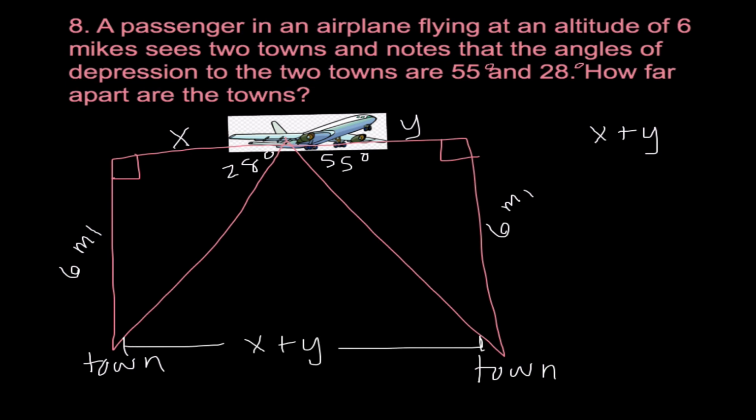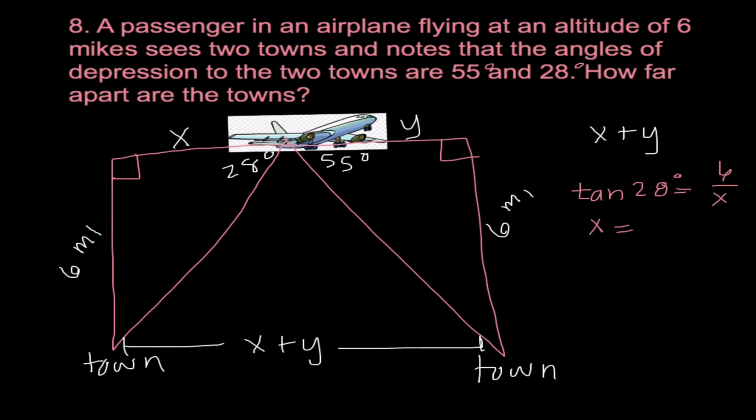So this is really similar to that library problem where we're going to use these 2 different triangles. In both of these, we're talking about the opposite and the adjacent. So I'm going to say tan of 28 degrees equals 6 over x.